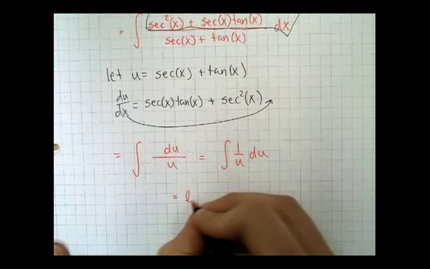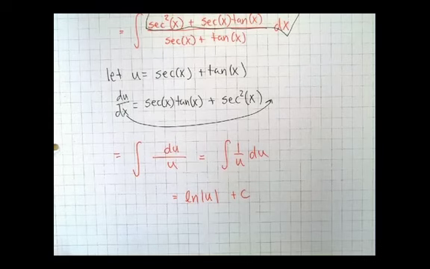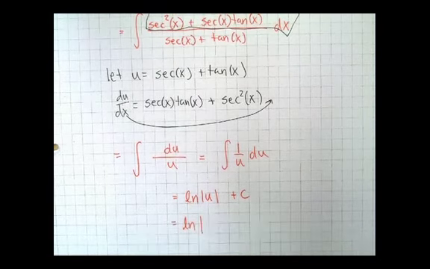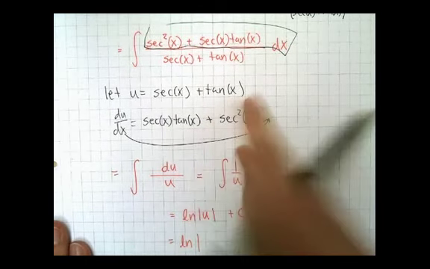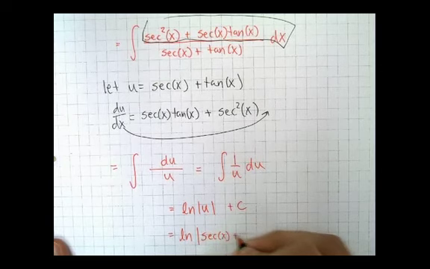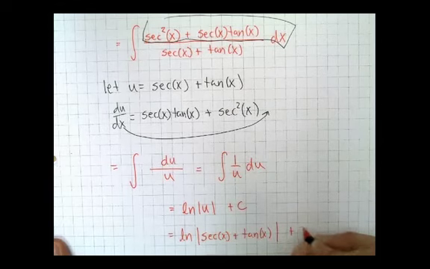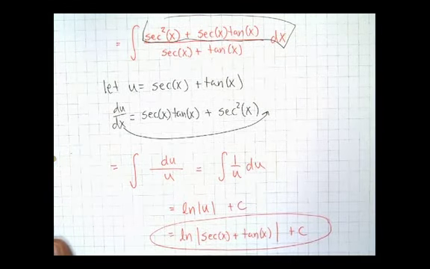So now I know my answer is natural log, absolute value of u, plus c. But I'm going to put the u back in there. Remember what u was? It's right up here. It's secant of x plus tangent of x. So natural log, absolute value of secant of x plus tangent of x. And then I'll put my little plus c on the end. And that is my answer.